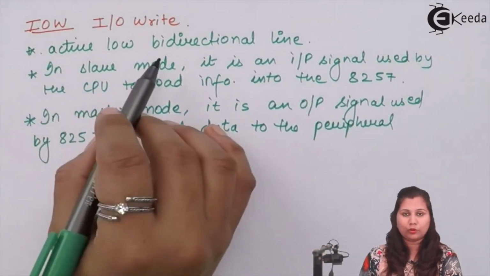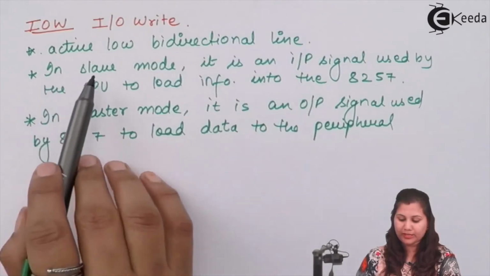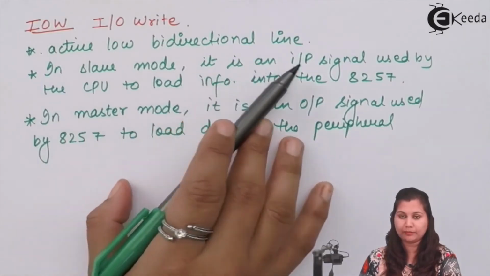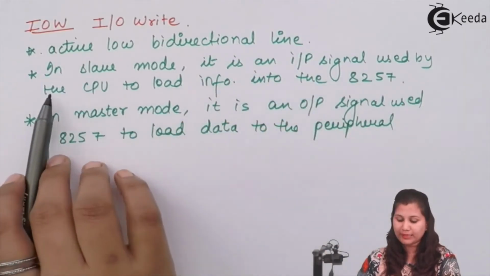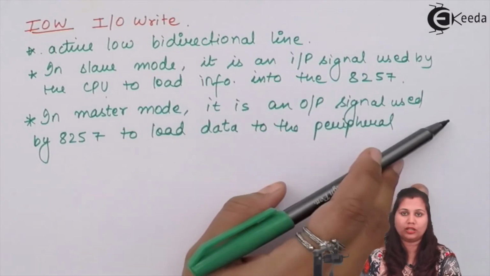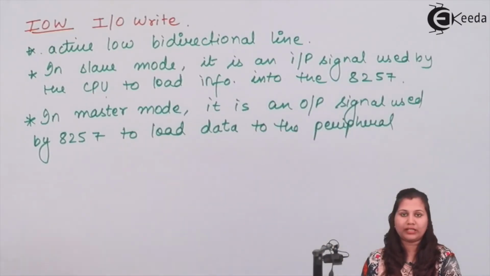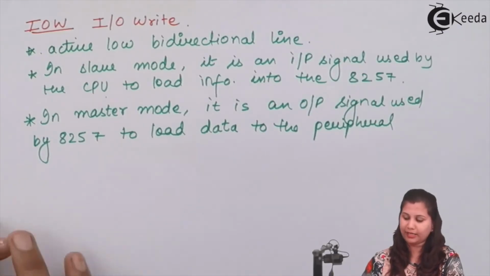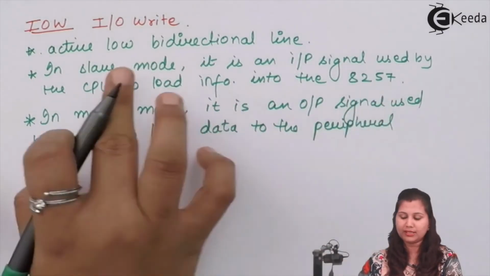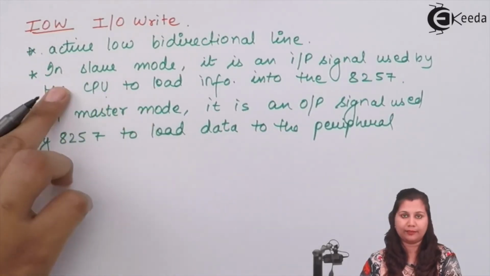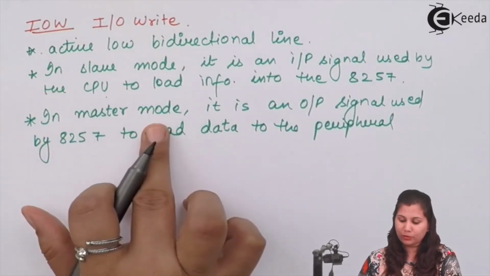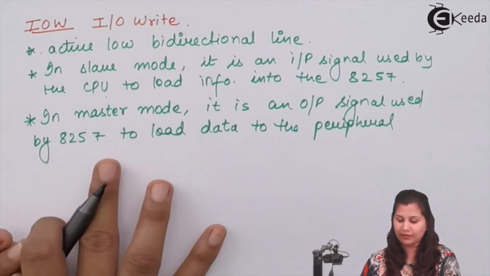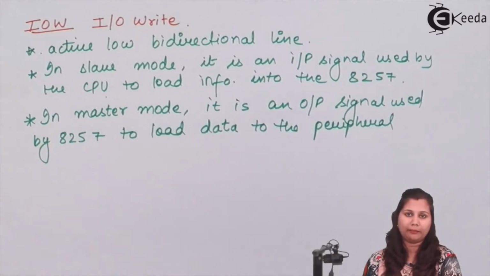So this is an active low bidirectional line, and because DMA is working in two modes, in slave mode, this line is an input signal which is used by the CPU to load the information into the 8257. So whatever data is there with the CPU is going to be written into the 8257 during the slave mode using this signal. Okay, and in the master mode, this will be an output signal which is used by the 8257 to load the data to the peripheral.